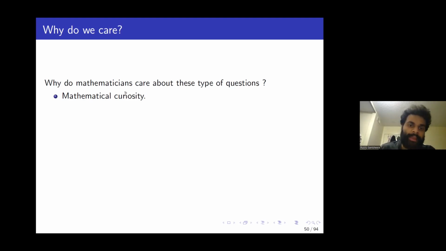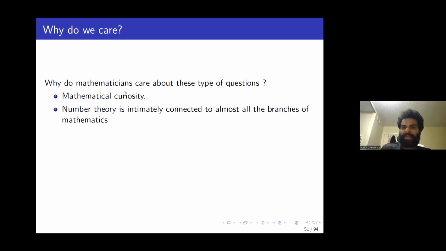And if you are a mathematician and still not a number theorist, that should still interest you, because number theory is intimately connected to almost all branches of mathematics. I cannot name a branch of mathematics where number theory is not related. Even in my own research, which is very specialized, I'm using techniques coming from analysis, geometry, topology, group theory, everything from all over the place.